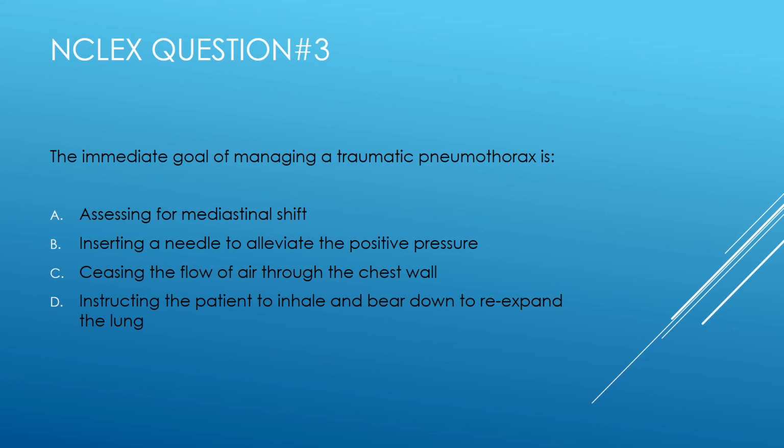Remember, if you have an open chest wound, you want to cover the chest wound with petroleum gauze, tape it on 3 sides. It's called a tented dressing, and this allows for air to escape from the intrathoracic cavity when patients exhale, but when they inhale, the air cannot be brought in. So you're stopping the flow of air into the chest cavity. Okay?